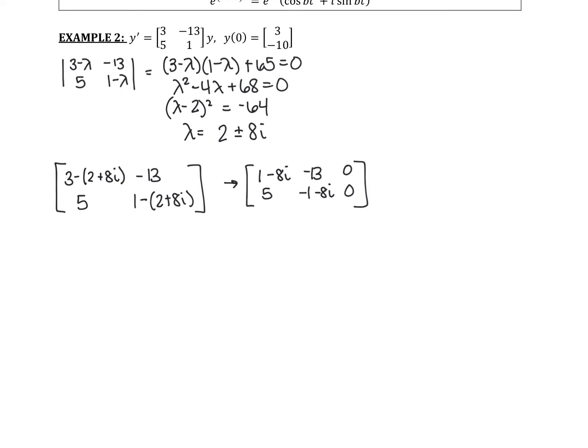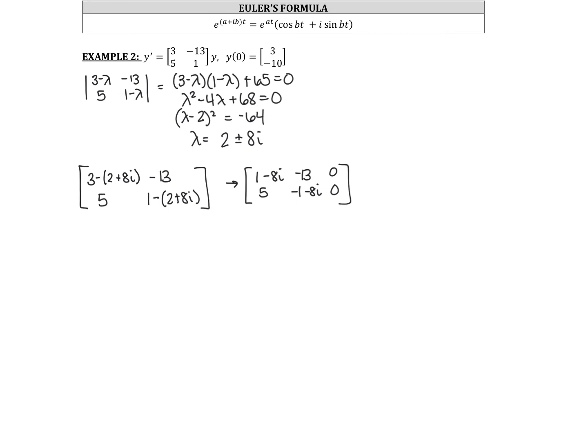All right, so here's what I'm going to do. I'm going to choose, it doesn't really matter, but I'm going to choose the bottom one. 5x sub 1 plus negative 1 minus 8i x sub 2 equals 0.